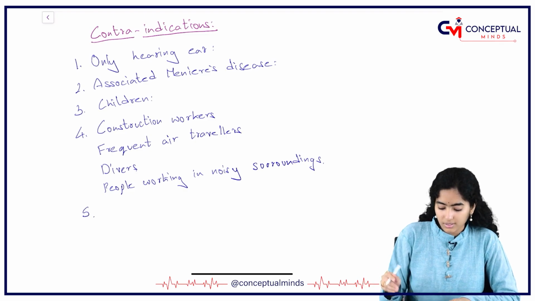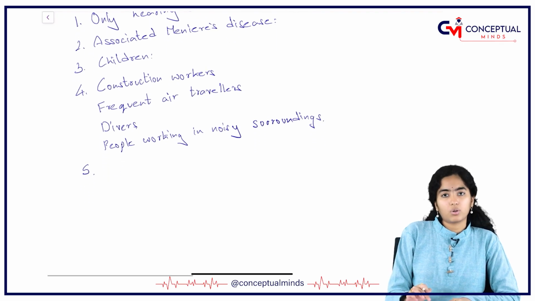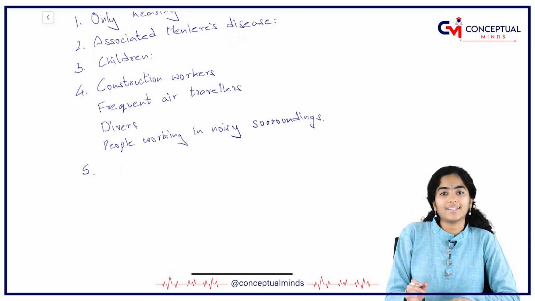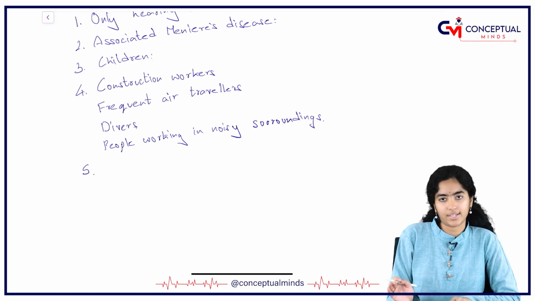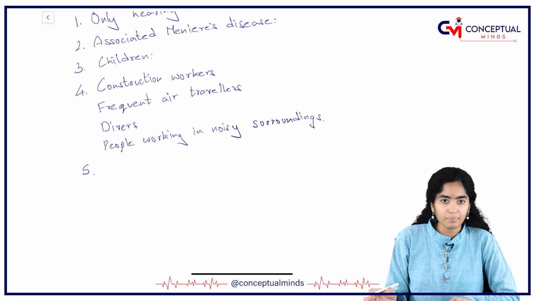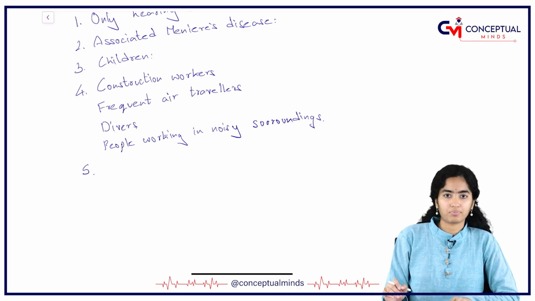Then, in people who are already suffering with otitis externa, tympanic membrane perforation, and some other external ear diseases, this is not an absolute contraindication, but first those factors have to be treated and addressed, and after treating them, stapedectomy can be performed. Okay.